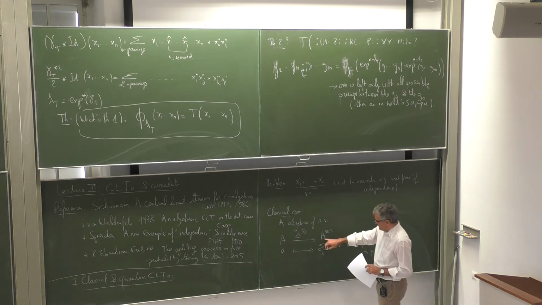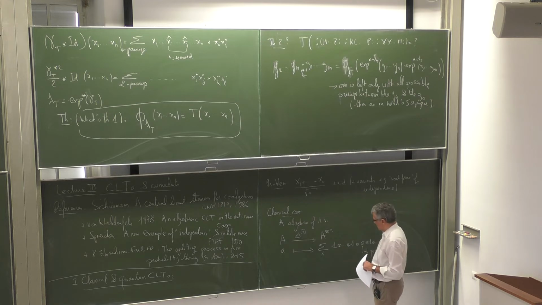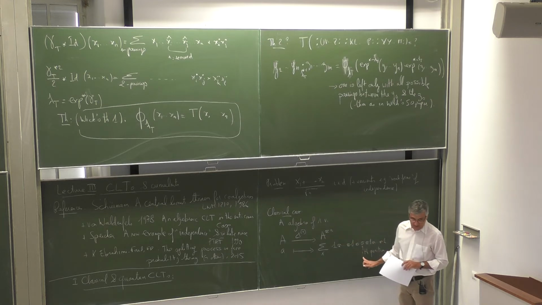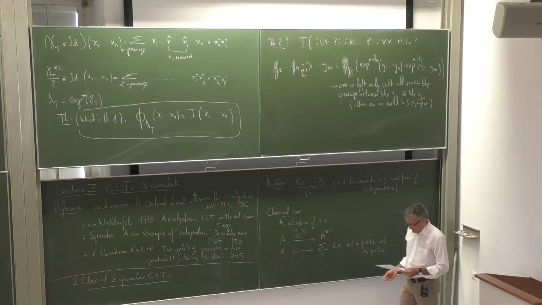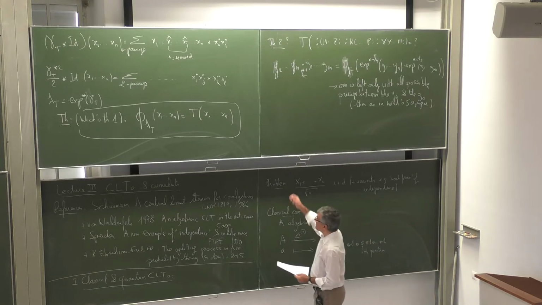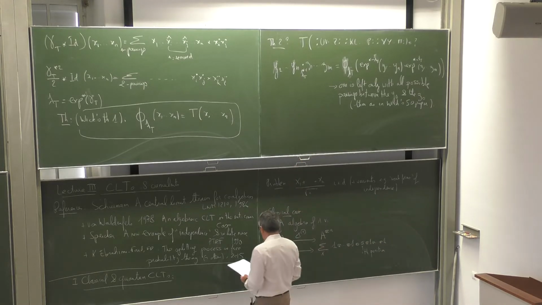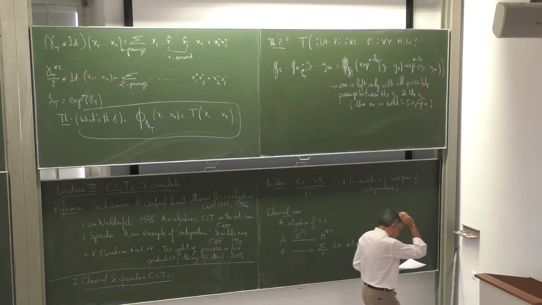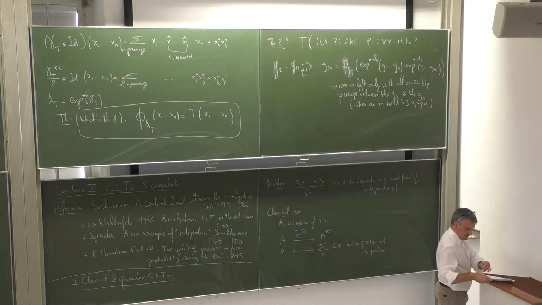So you create a bigger algebra of random variables, and so you have n copies of A, and in each copy you have a copy of the random variable you start from. So now, what happens if you want to restate the central limit problem in this framework?